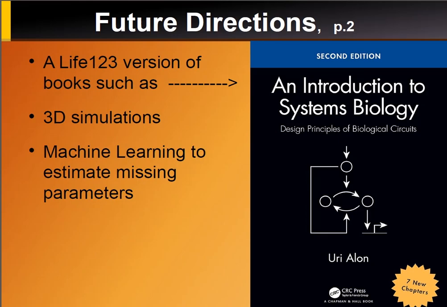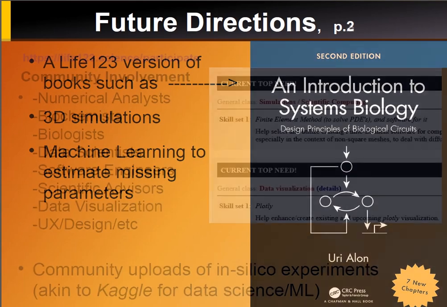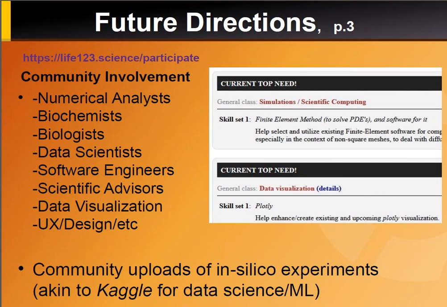And also exploring using the Life123 platform to create a version of existing books and papers on systems biology, such as the one shown on this page, whose author, incidentally, has background in, surprise, surprise, physics, and also moving on to 3D simulations, and that element of machine learning to estimate the missing parameters, as discussed earlier, as well as community involvement from a wide variety of disciplines.